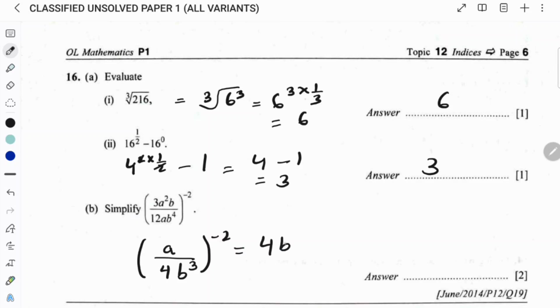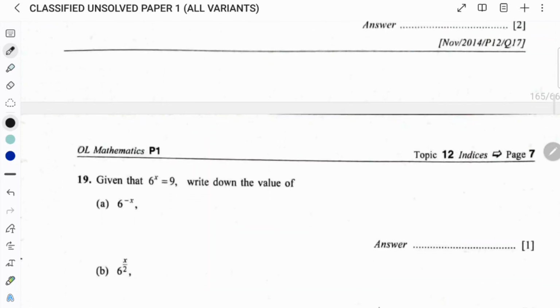So that is 4p cube upon a positive 2 power. That is 16, 4 square is 16. And then after that you write down b to the power of 6 upon a square. All right, look at this question.